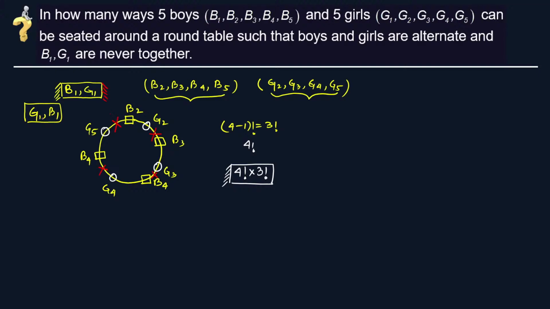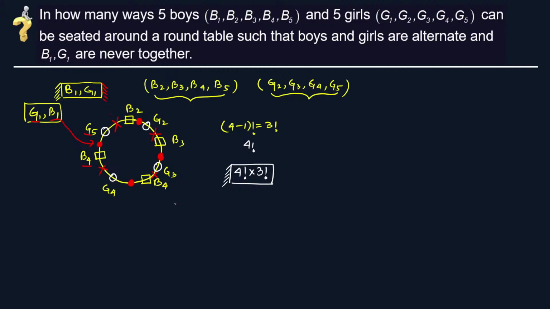This box can be placed either here or here or here or here. Look carefully, because if this box is placed here, then the boys and girls will be alternate. In which way? See, first is B4, then G1, then B1, then G5. Getting my point or not? So this alternate thing is still there.